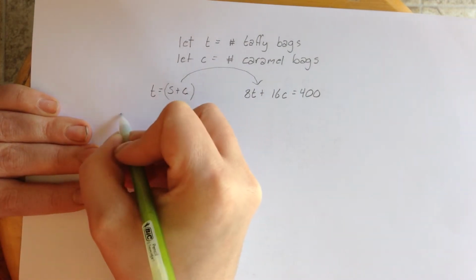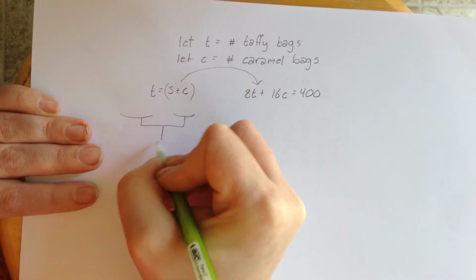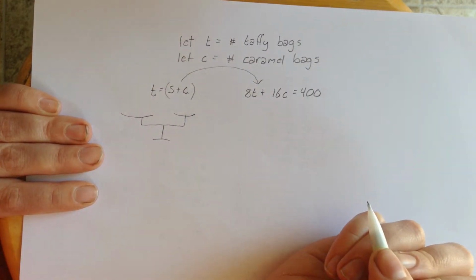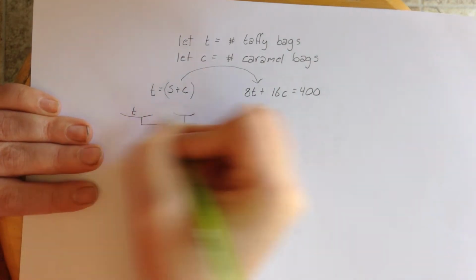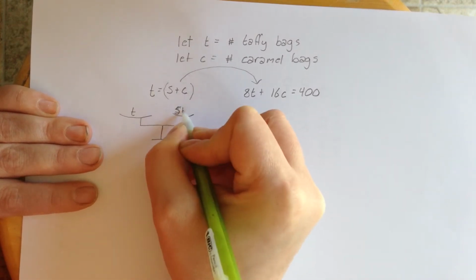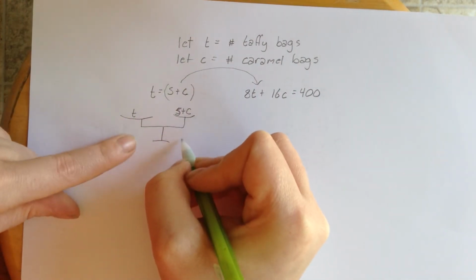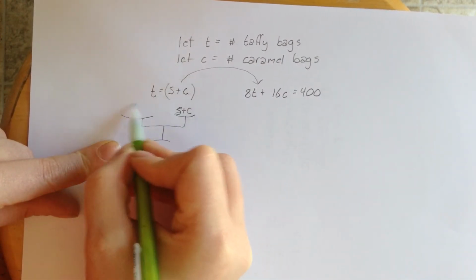Remember, we can think of our equal sign as being a scale. Beautiful scale. And what we're saying is if I had T on one side of my scale and 5 plus C on the other side of my scale, it wouldn't tip at all. That scale is even. These are the same thing.